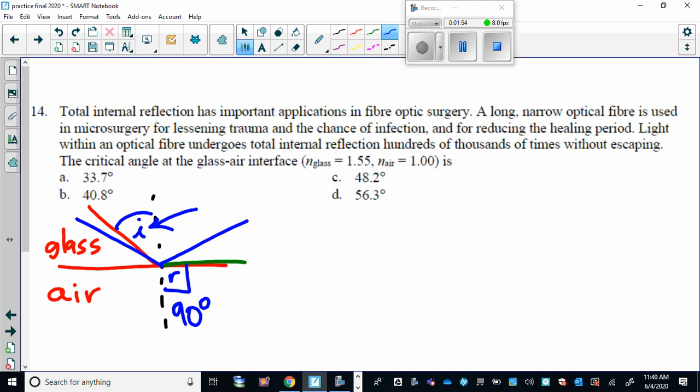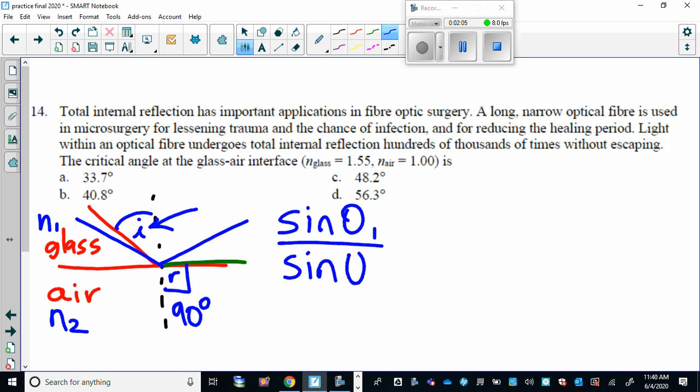All right, so this is your n1, this is your n2. And we set it up like this.